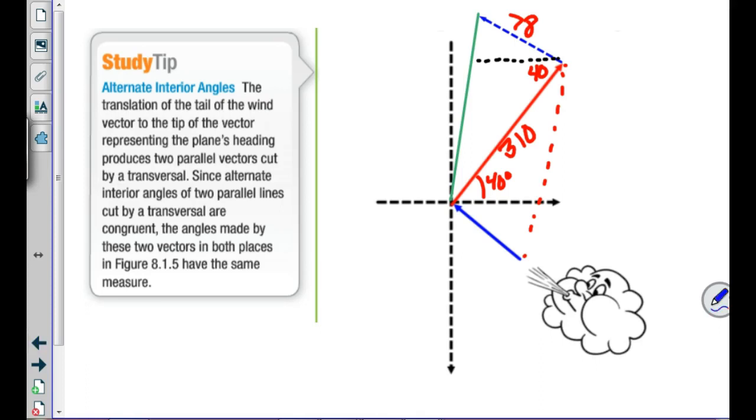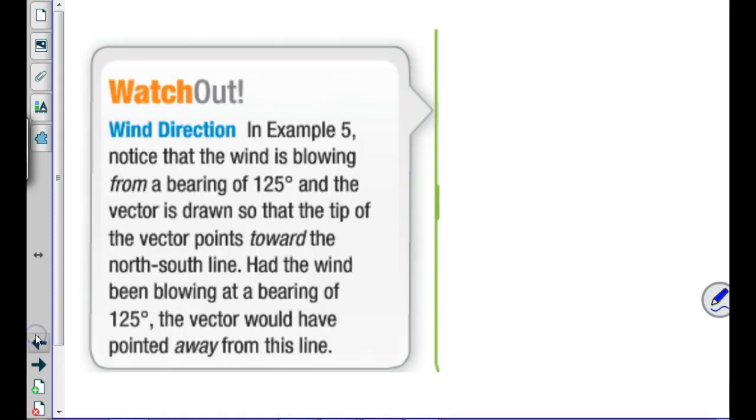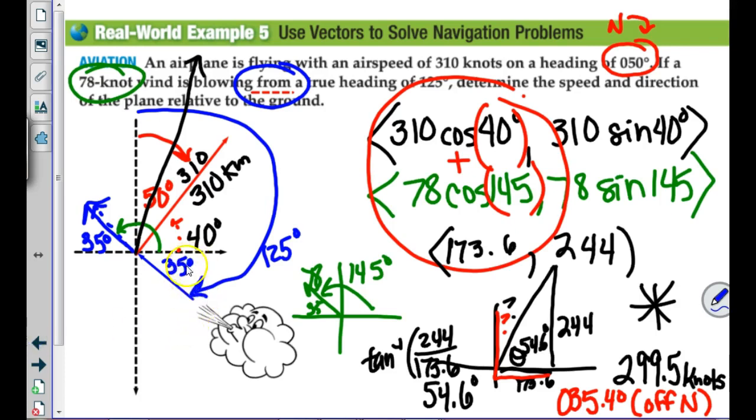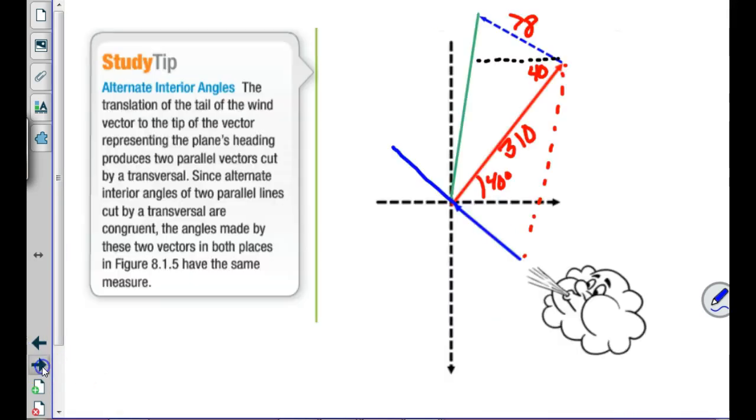Actually it is, because if we extend this, this was 35 degrees down here, remember? So this is 35 degrees, this is 35 degrees. These are parallel, so these are corresponding angles. This is 35 degrees.